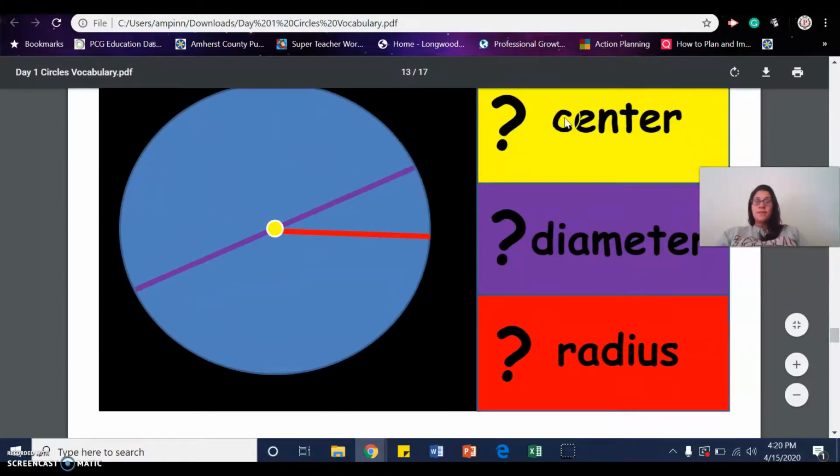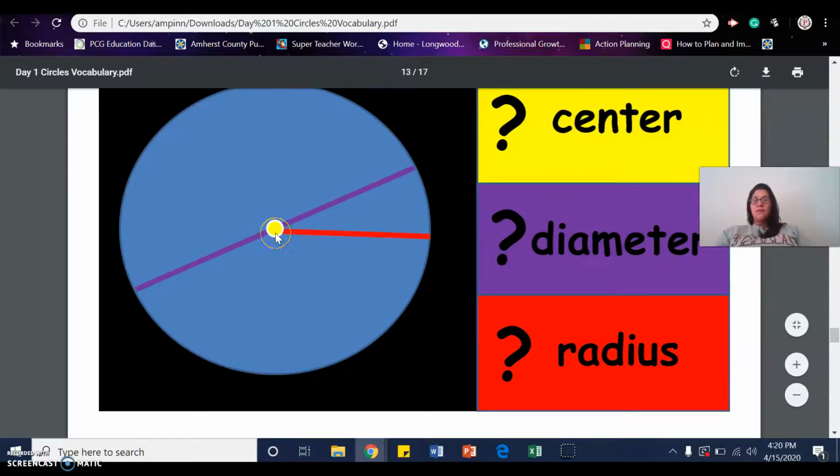Okay? So right here, it kind of tells you what the different lines are. The purple line right here that's going through the center point, and it's touching both edges of the circle, is your diameter. The yellow dot in the middle is your center.